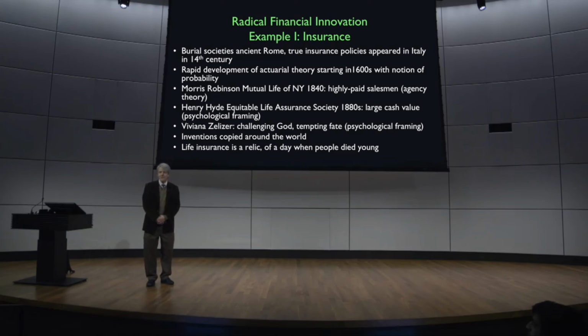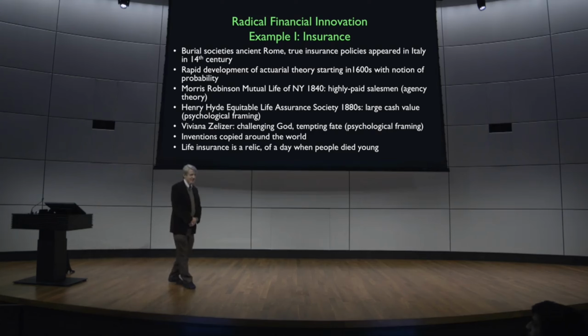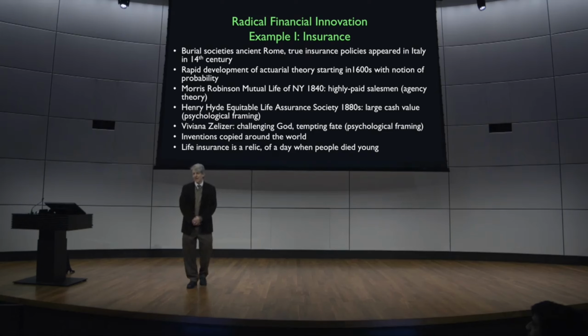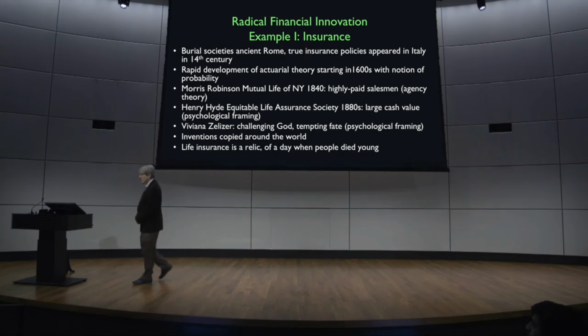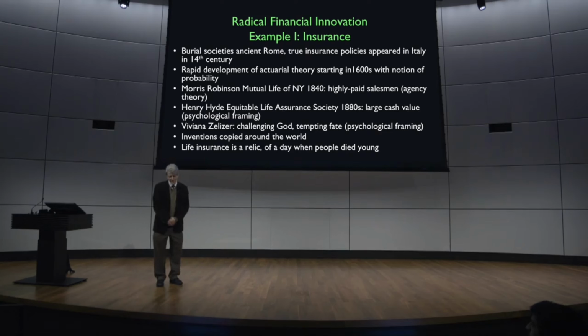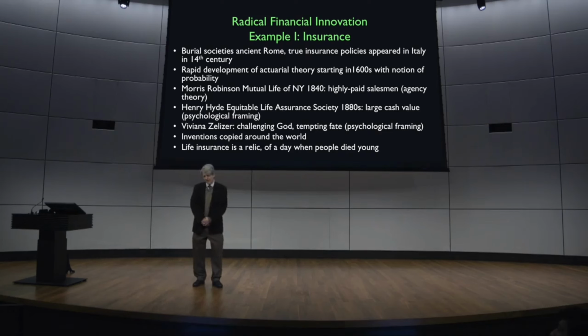But women seemed to be, according to her studies, objecting to life insurance, saying, no, I don't want that. So why would a woman say that in the 19th century? Well, partly because, Zelizer concludes, they were fundamentalist Christian and they believed in the power of prayer.